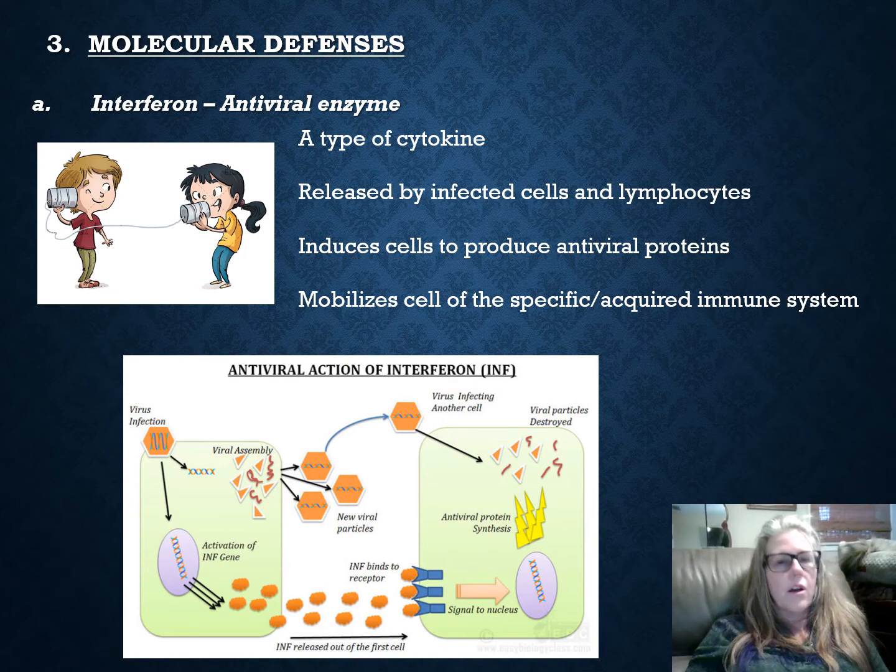This cell has already been infected. It's sending a signal in the form of interferon to a neighboring cell. I'm going down, there's nothing else you can do for me, but here are the instructions to save yourself. So interferon is an antiviral protein.